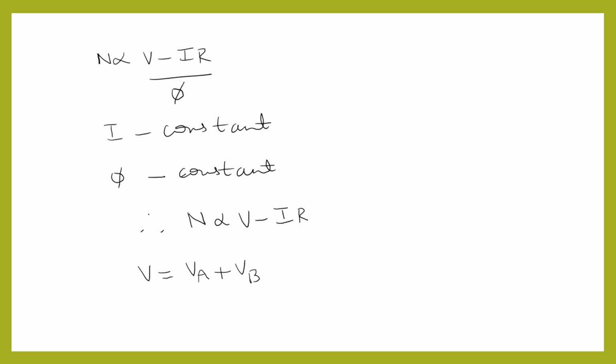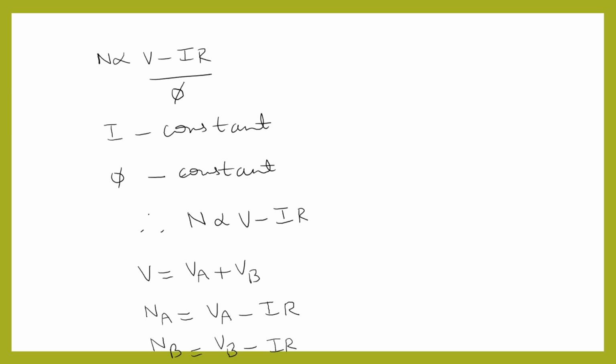Therefore, NA is proportional to VA minus IR and NB is proportional to VB minus IR.